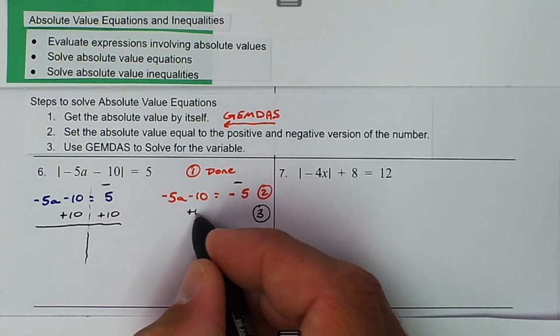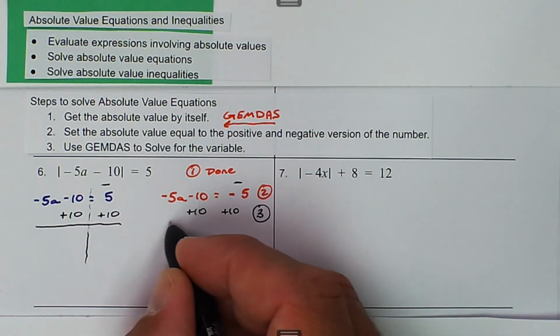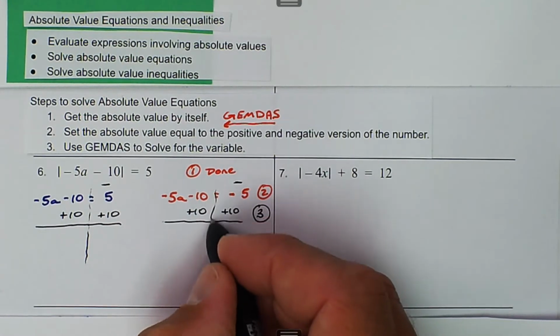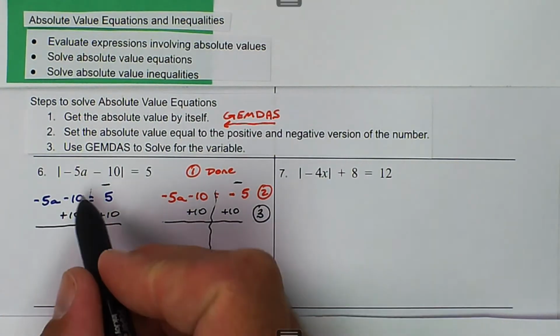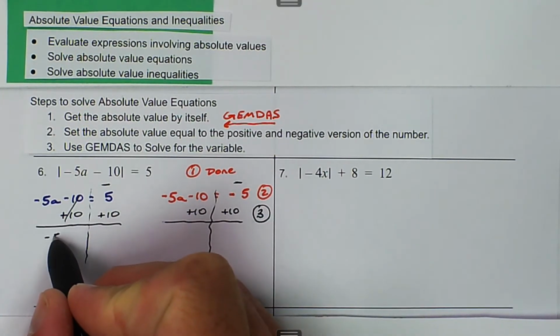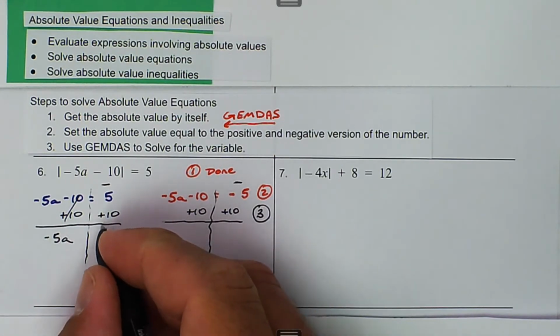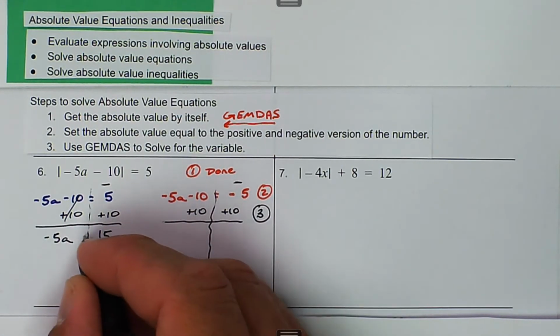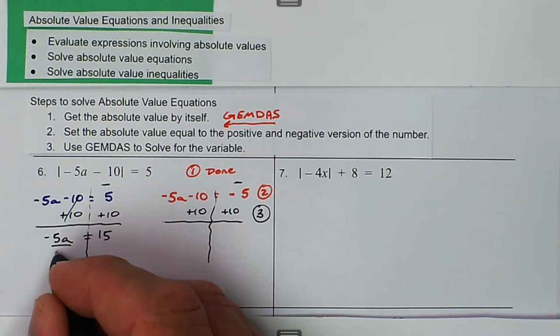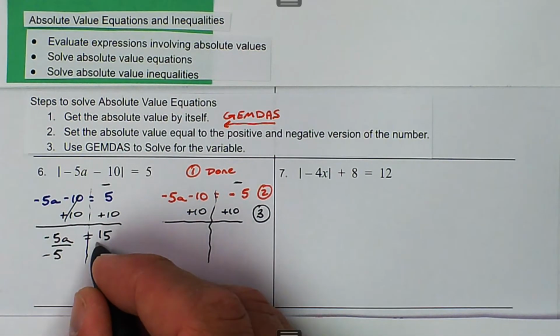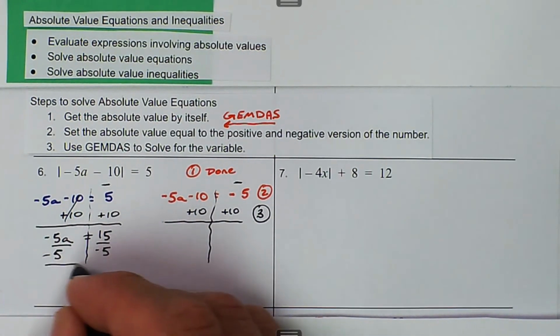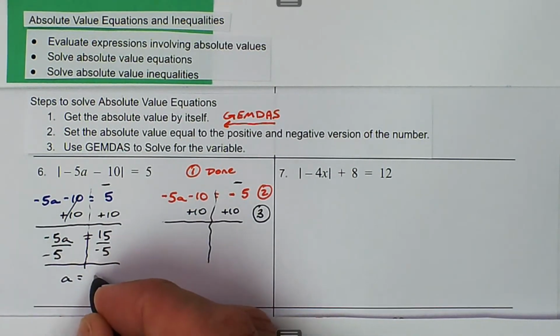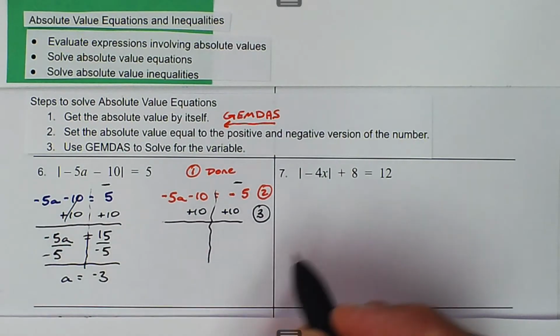And same thing, we can add 10 here and add 10 here. So our 10s cancel, we're left with negative 5a equals 15. And then still working on GEMDES, we divide by negative 5. And then we get a is equal to negative 3.